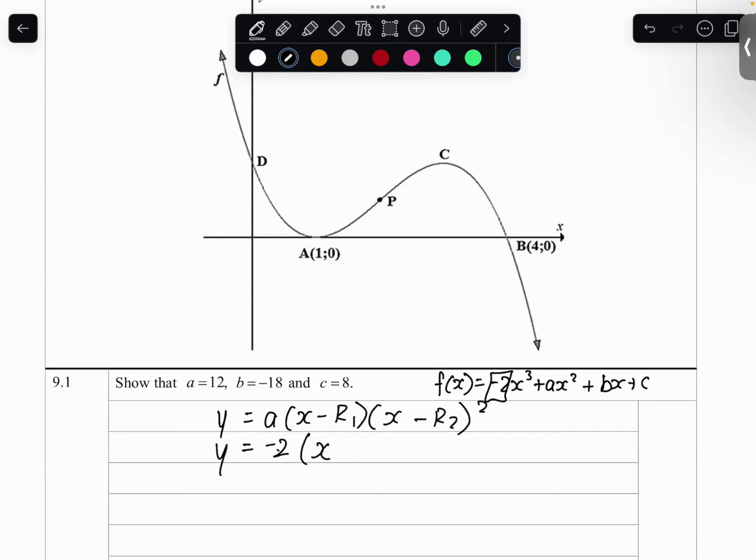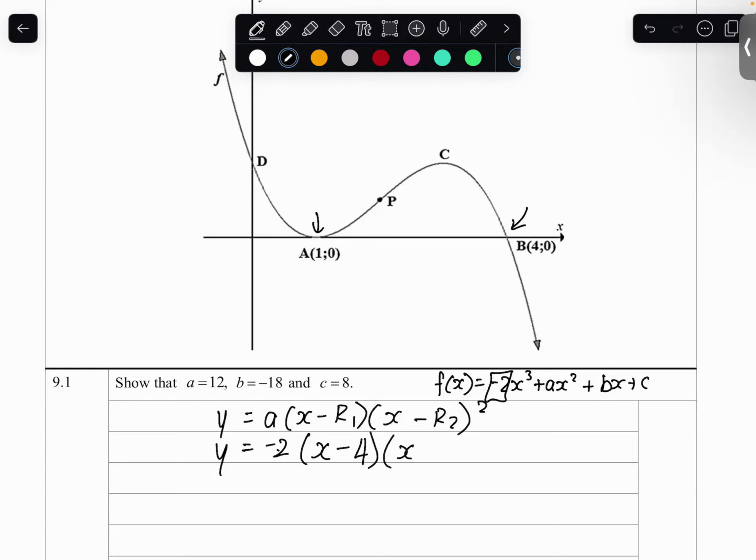X minus root 1: the first root is the one that is not a turning point. So the root 1, the one that's not raised to the power 2, is the one that is not a turning point. So this has to be minus 4, because this is not a turning point and this bracket is not raised to the power 2.